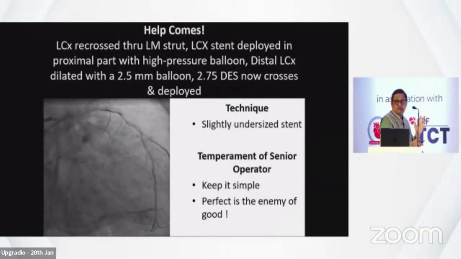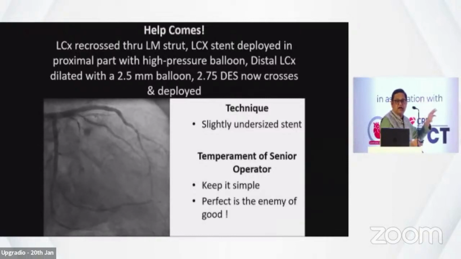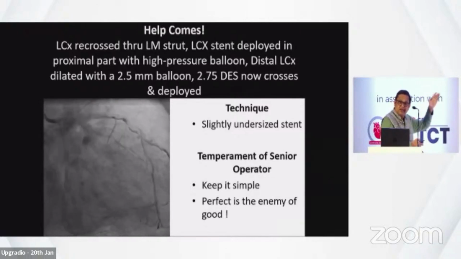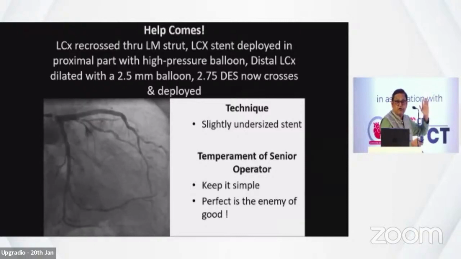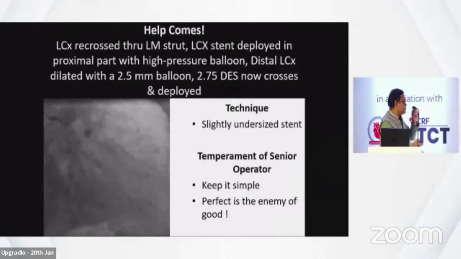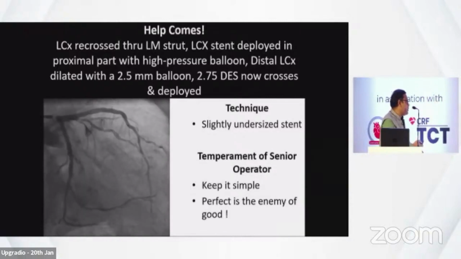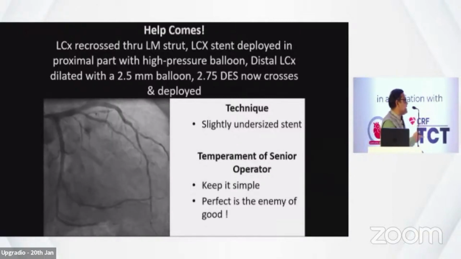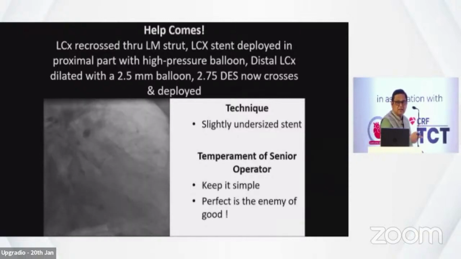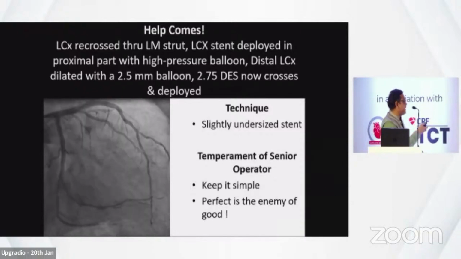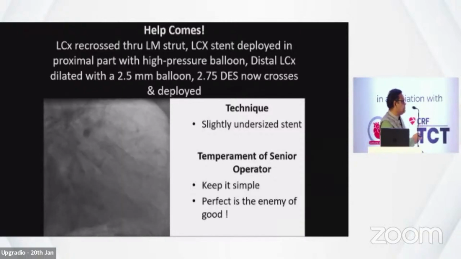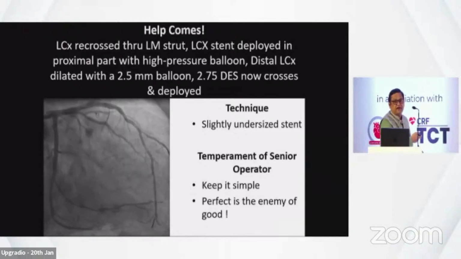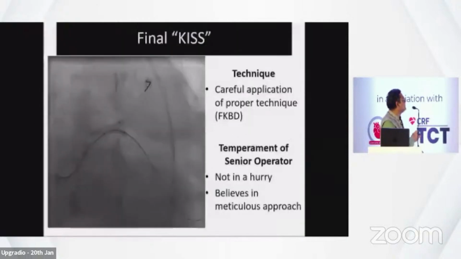The mistake was that this circumflex stent, the embolized stent, was left in place and the LAD was tried to be done, and this was not a good idea. So anyway, the downside is that the proximal stent may be slightly undersized, but I think this risk you have to take to keep the procedure simple and understand that perfect is the enemy of good.